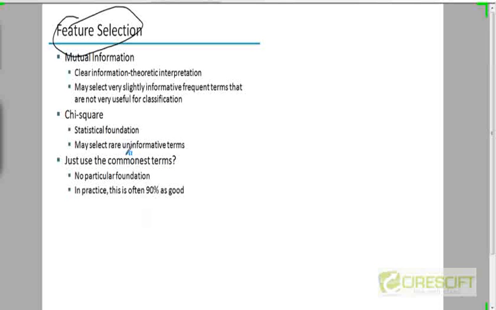So you're going to use the commonest terms, but you could eliminate the stop words in this way. If you just focus on the commonest terms that appear in the documents of those classes, and just drop the rare terms, you'll cut down the size of your vocabulary significantly, and then you'll be able to work with less space on your machine.